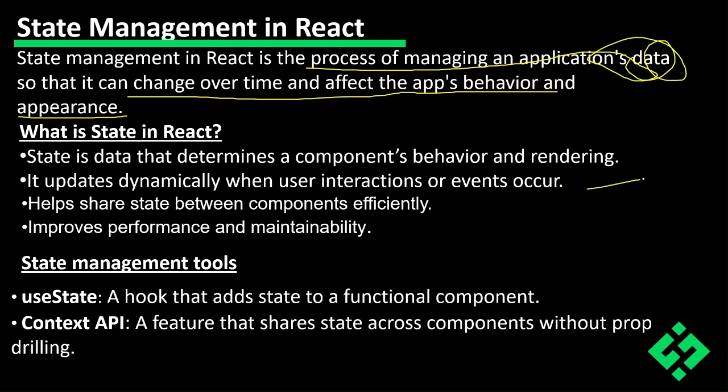So for example, you have an application, okay, and you have a button over here, and what this button does is, if you click on this button, it will change into light mode or dark mode. Okay, so if I click on this button, it gets changed into light mode. If I click on this button, it gets changed into dark mode.